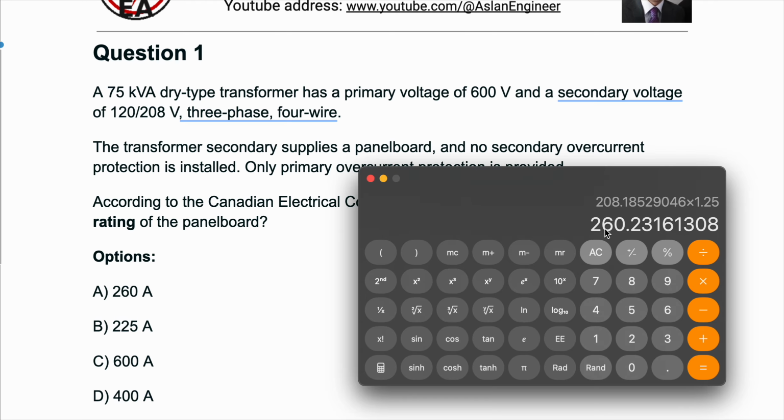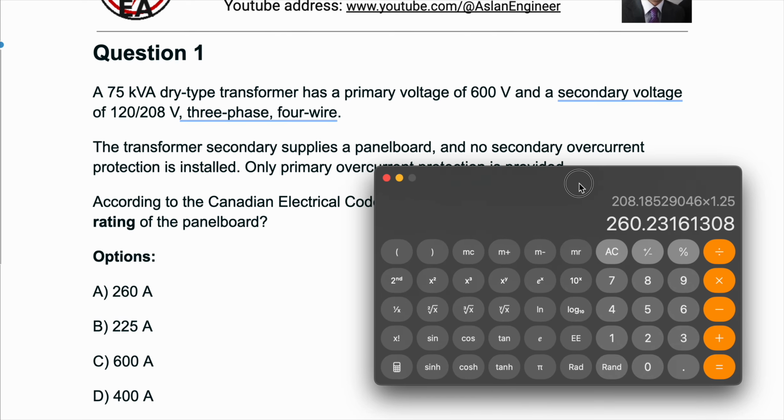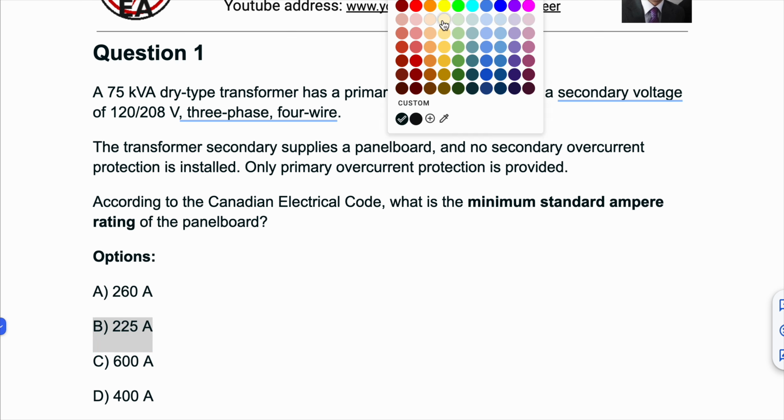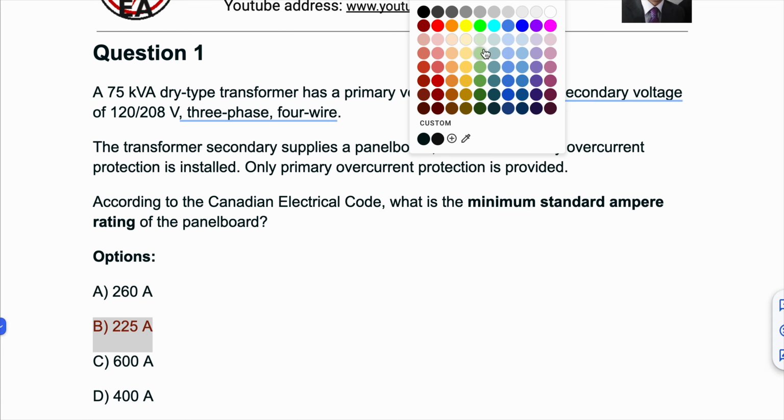It can be 260, but we don't have 260 panel boards. So the standard rating of the panel board is 225, and we choose this one as the standard panel board. And this is the answer for this question.